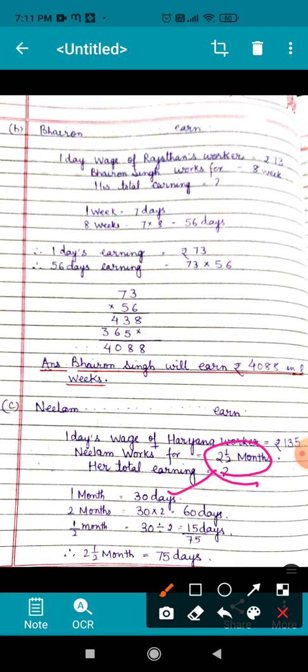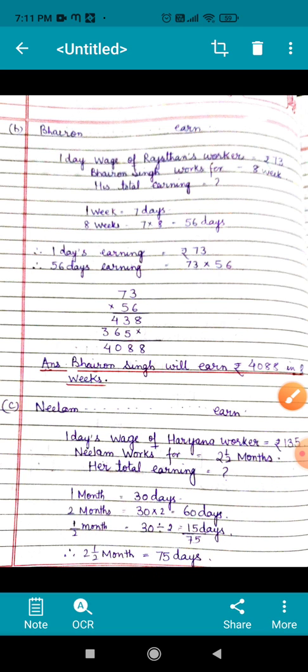As you all know, 1 month has 30 days, so 2 months will be 60 days. 30 multiplied by 2, and half month means 30 divided by 2, 15 days. And when you add 60 and 15, the total will be 75 days. It means 2.5 months is equal to 75 days.